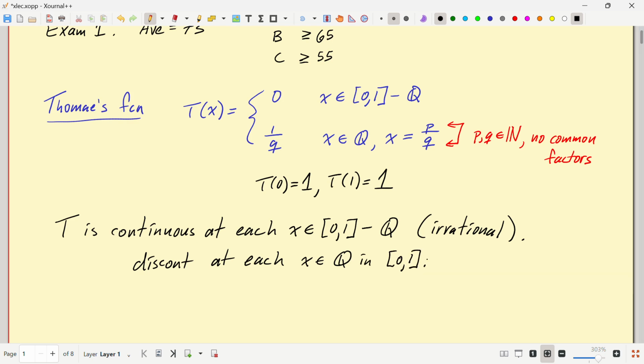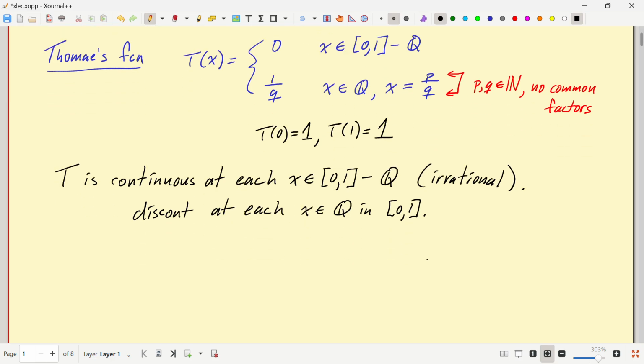It's easy to see that it's not continuous at a rational point, because at a rational point it'd be something strictly positive, and there'd be irrational numbers close by where the function would be 0. So there's no way it's continuous at a rational point. But the interesting thing is, why is it continuous at the irrational points? Okay, it's 0 at an irrational point.